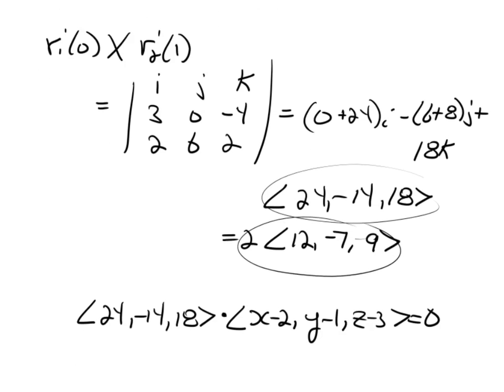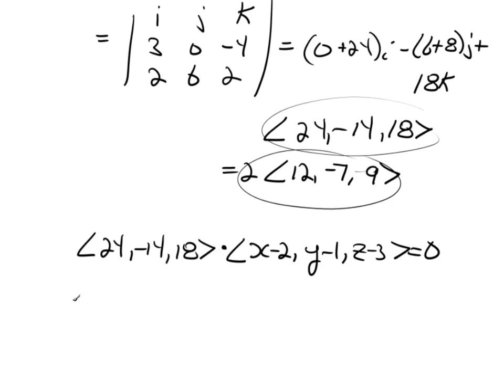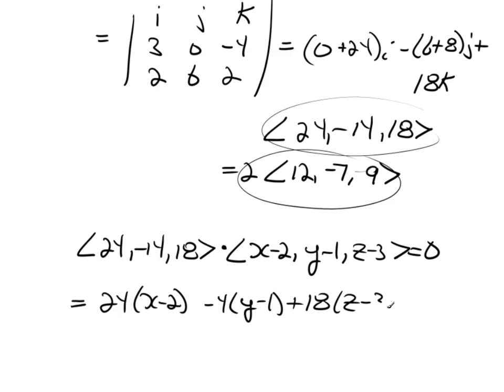Yeah, (2, 1, 3) is the point that I need. So that is going to end up giving me 24 times (x minus 2), negative 14 times (y minus 1), and, oops, that's not a comma, this is a dot product, so this could be plus 18 times (z minus 3) equals 0.